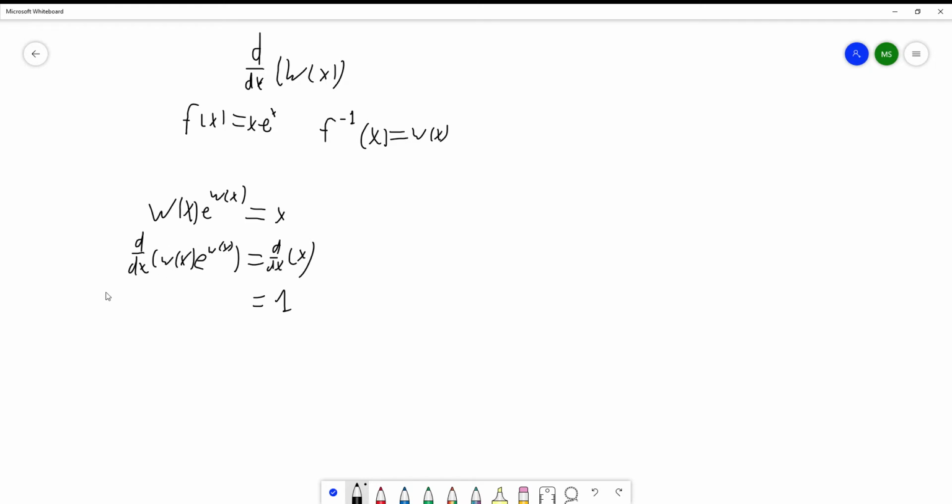So the product rule will be this one times the derivative of this one plus the derivative of this one times this one. So this one times the derivative of this plus the derivative of this times this.